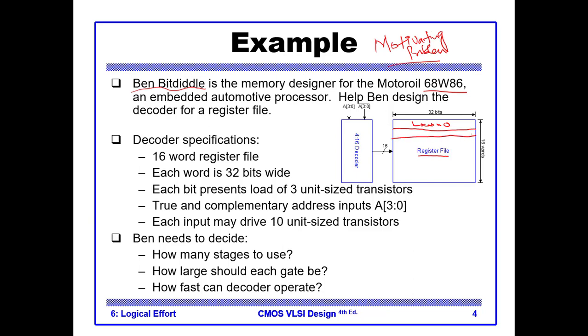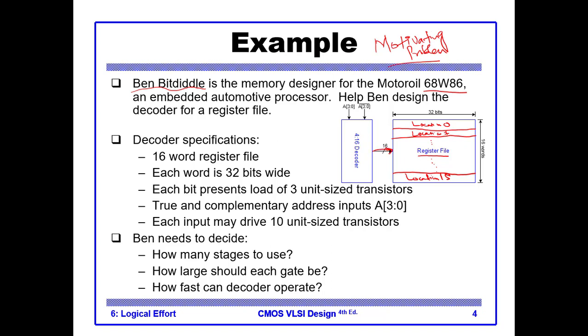This is location 1, and so on. This is location 15. So 16 locations, and for 16 locations we need a decoder.